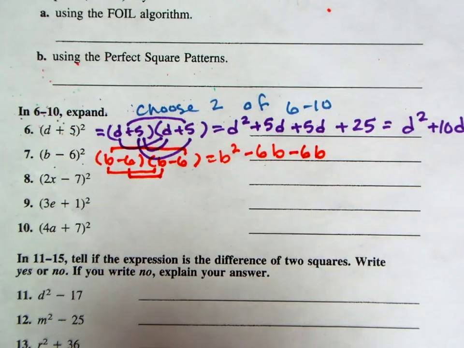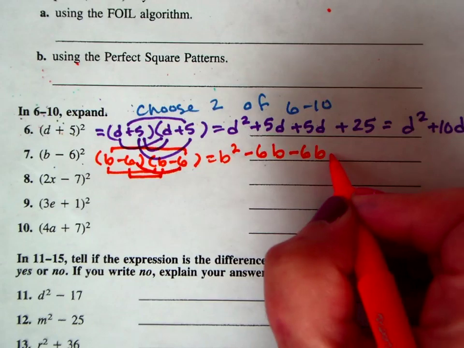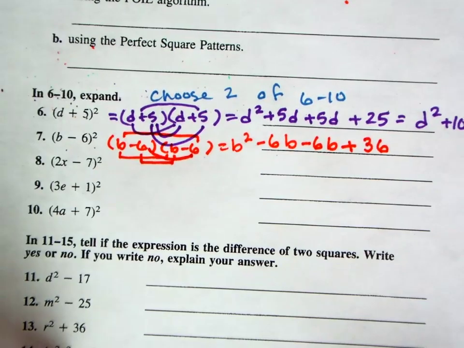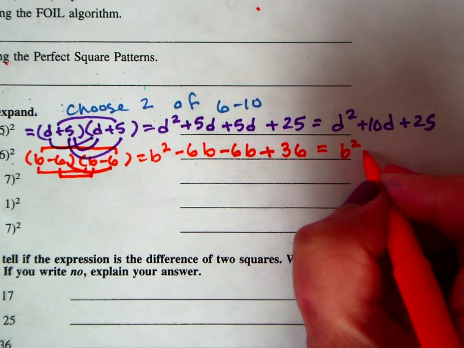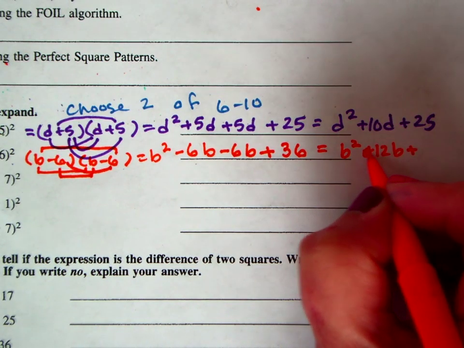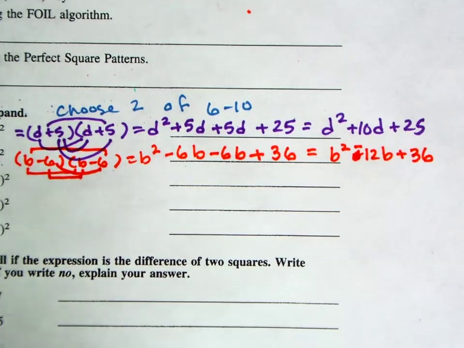And then the negative 6 times the negative 6 is plus 36, because the negative times the negative is a positive. And we would combine those middle two terms, which is b squared minus 12b plus 36. Okay, negative plus a negative is a negative.